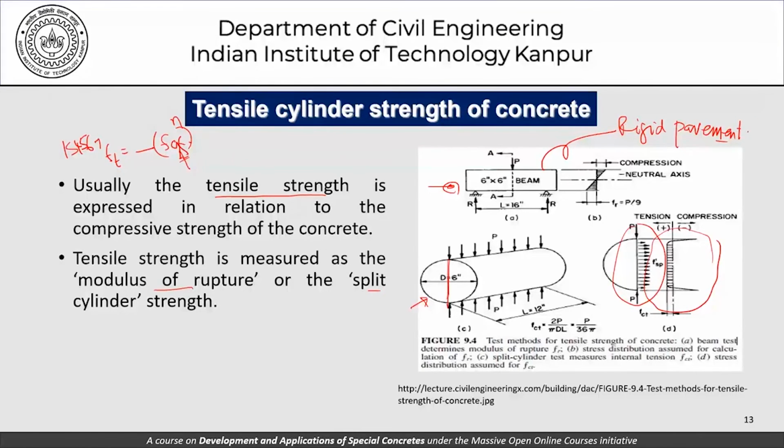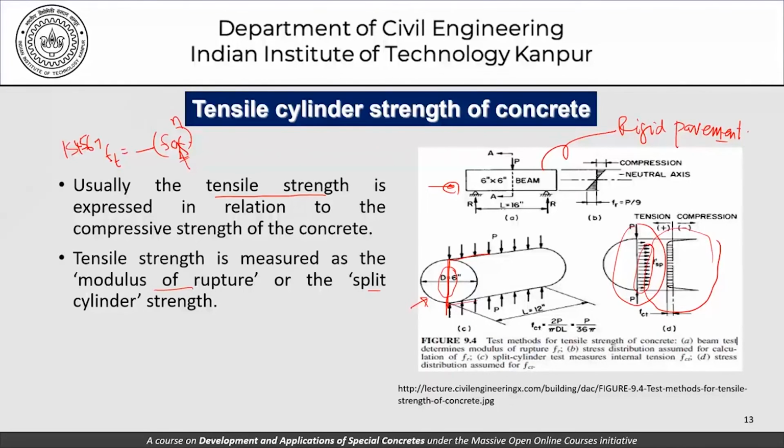So because of these more or less uniform tensile stresses that exist within this concrete here, this test gives us the split cylinder tensile strength, and that is something which is very often used for quality control if the tensile strength of concrete needs to be recorded.